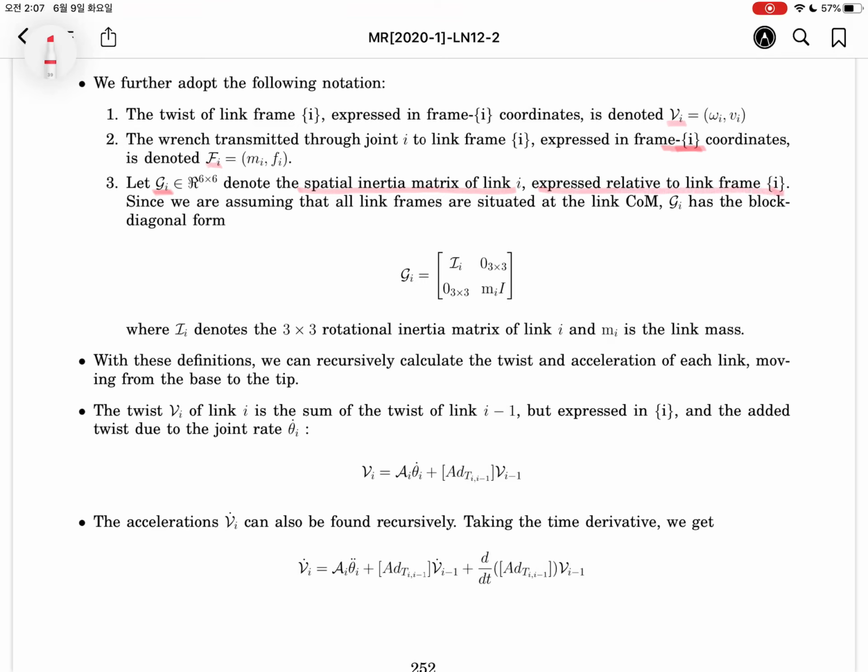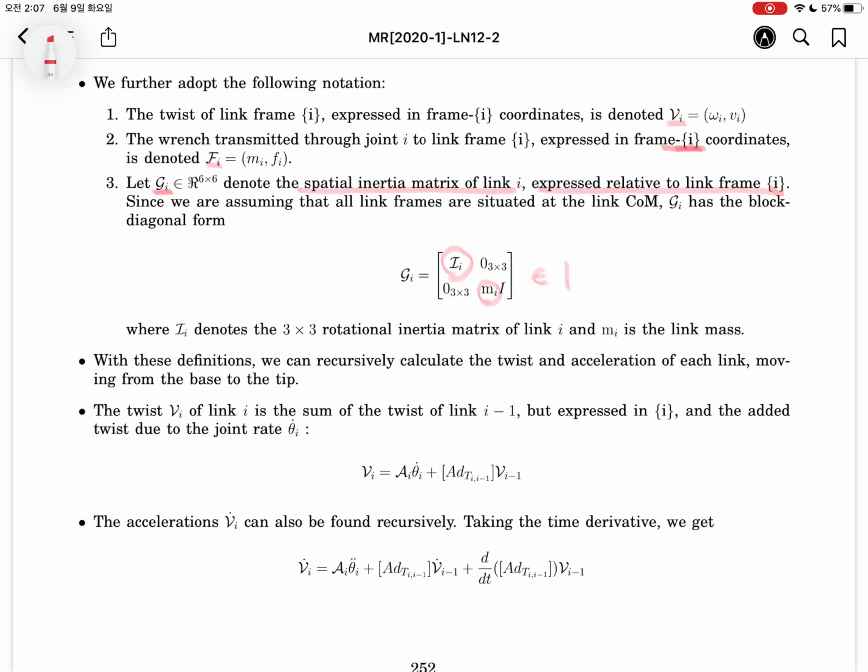So every notation will be expressed in terms of the link i frame. Maybe you know the 3x3 inertia matrix and the constant m, the link mass.